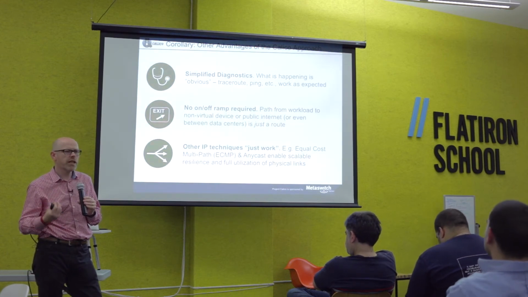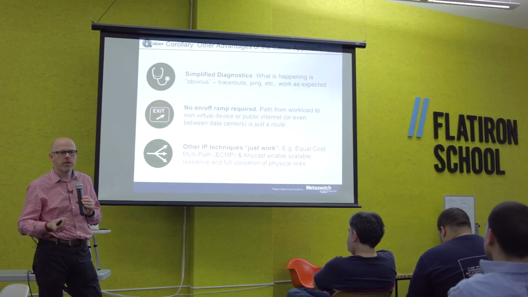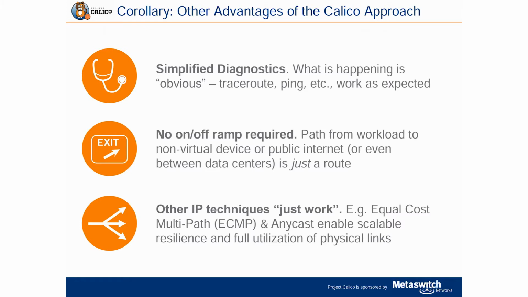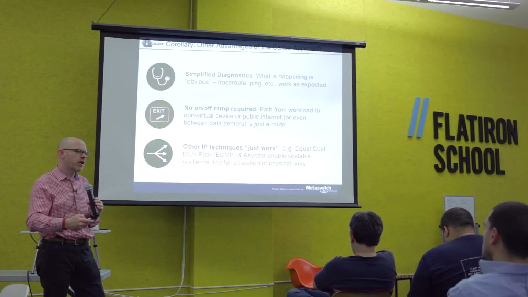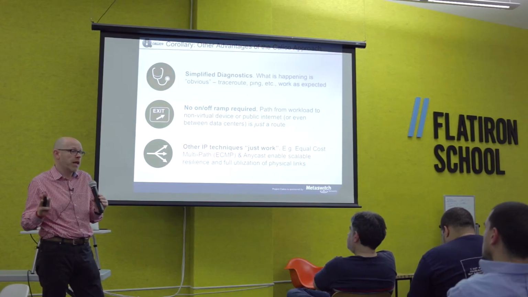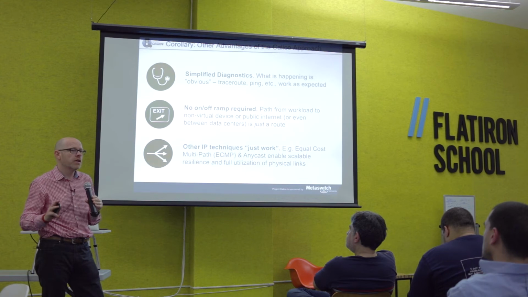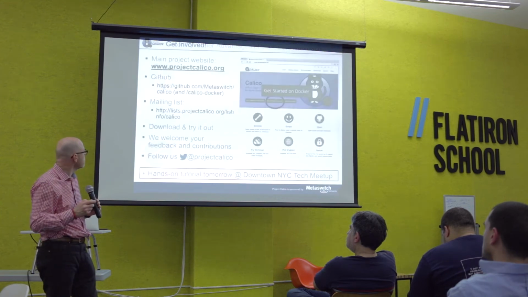We have anycast, we have equal cost multipath, and using ECMP and anycast, you can just have multiple workloads all with the same IP address doing load balancing. So there's a lot of things that we've not been able to do because of the impediments we've put in our way. And once we say, no, this is just plain vanilla IP, it just works.